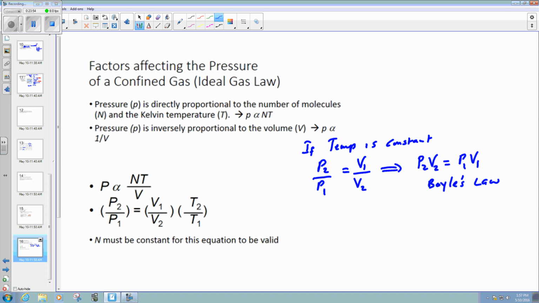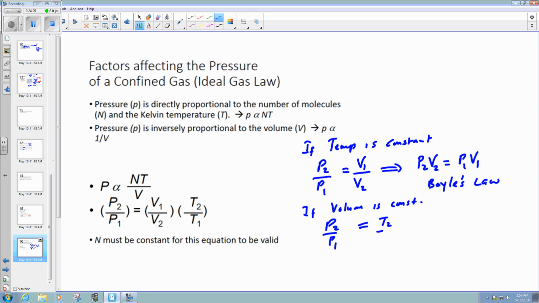What if the volume is kept constant? Now, what we'll have will be a relationship between the pressure and the temperature. Note in this case, the higher the temperature, the higher the pressure.